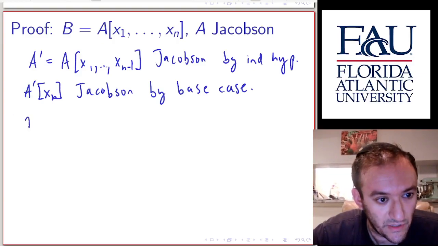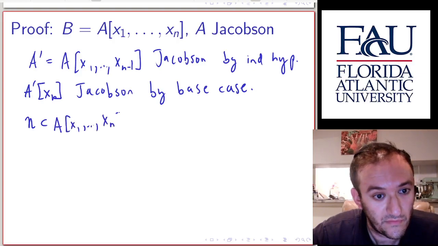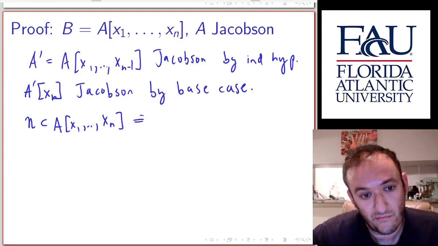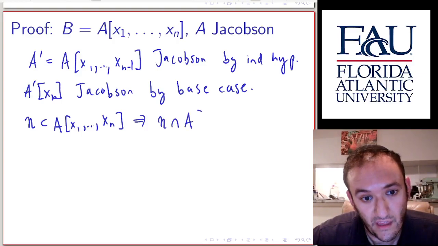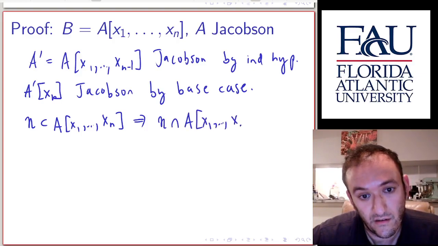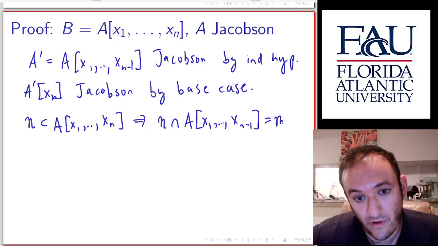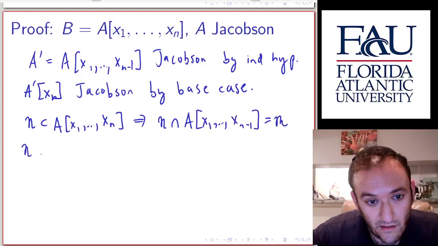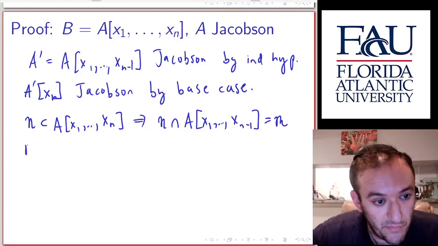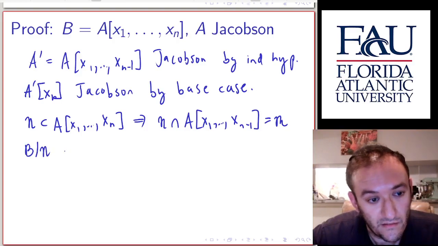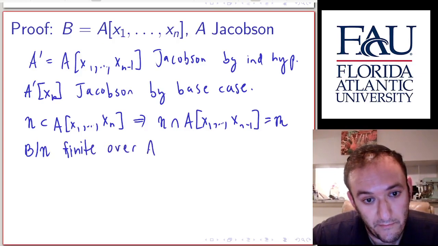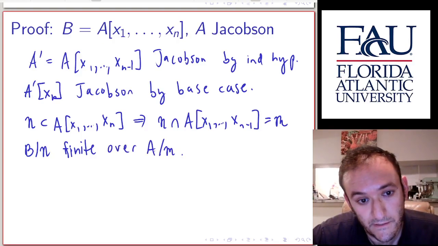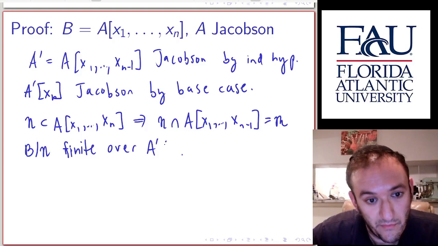So if we have a maximal ideal n in A adjoin x1 through xn, then using the base case, we have n intersected with A adjoin x1 through xn minus 1 equal to m, and we know that B mod n is finite over A prime mod m.